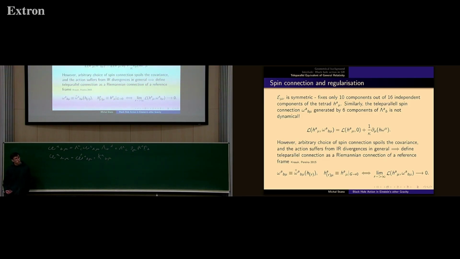And yet again, total derivative terms do not contribute to the dynamics. Therefore, we will obtain no additional field equations, which would help us specify the form of the spin connection.